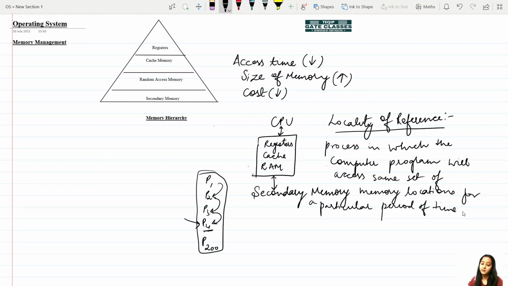Or you can say that it is the tendency of the computer program to access instructions whose addresses are near to one another.